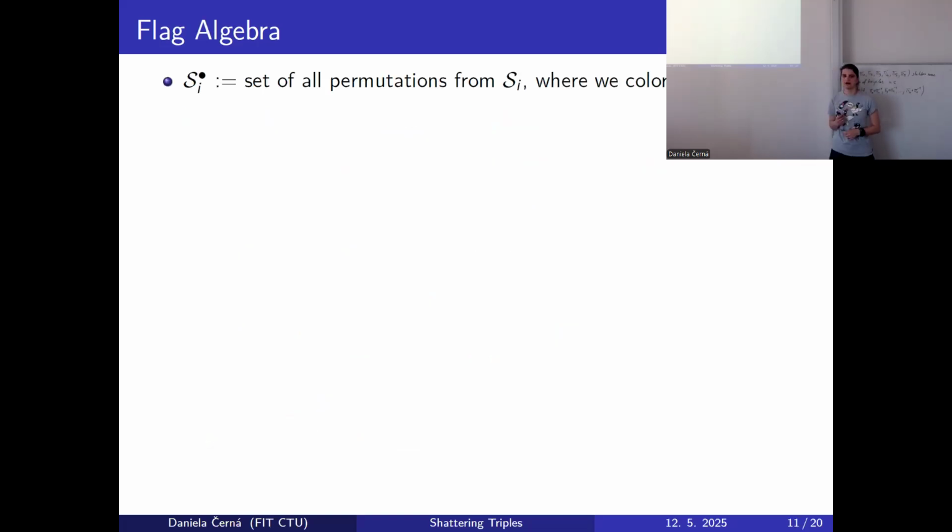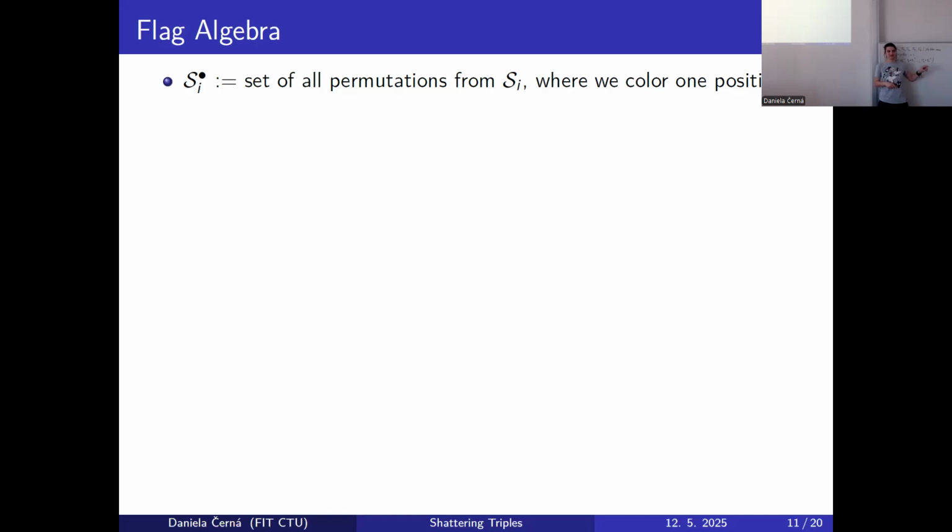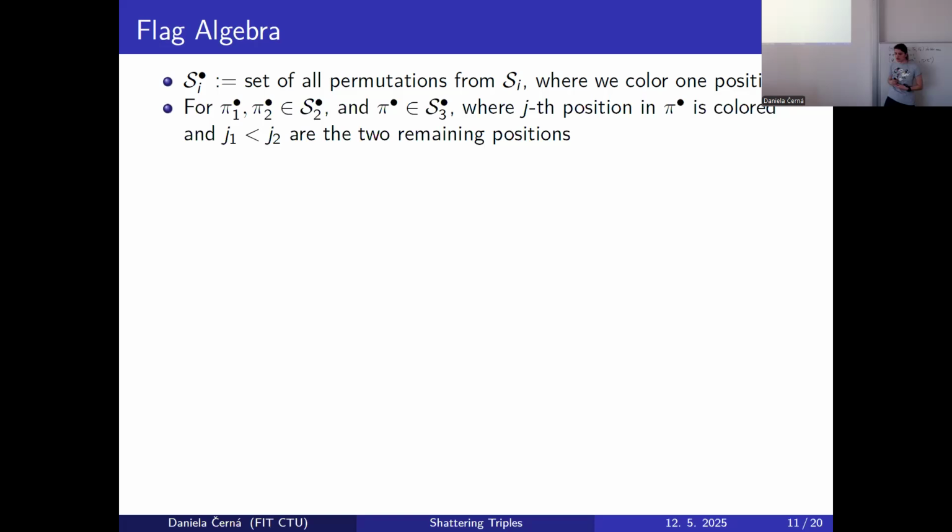Again, I can do this also, similar to choosing one vertex V from the graph and having the edge with this vertex. I can color one of the positions in the permutation and define the multiplication.